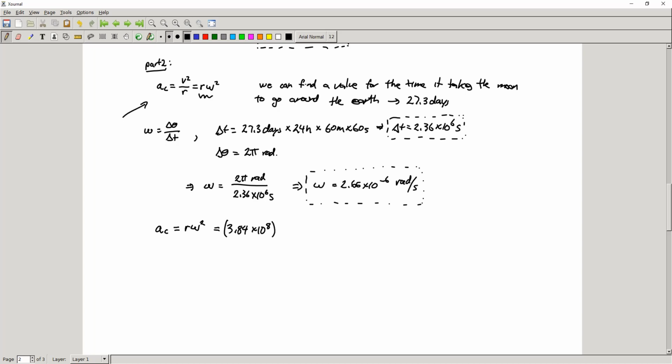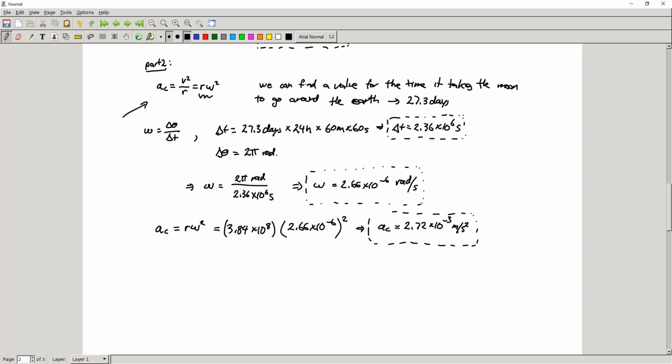And then we have our value of omega, 2.66 times 10 to the minus 6, but this one comes in squared, because omega is squared. So if we did that calculation, we would find that the centripetal acceleration is equal to 2.72 times 10 to the minus 3 meters per second squared. Okay?